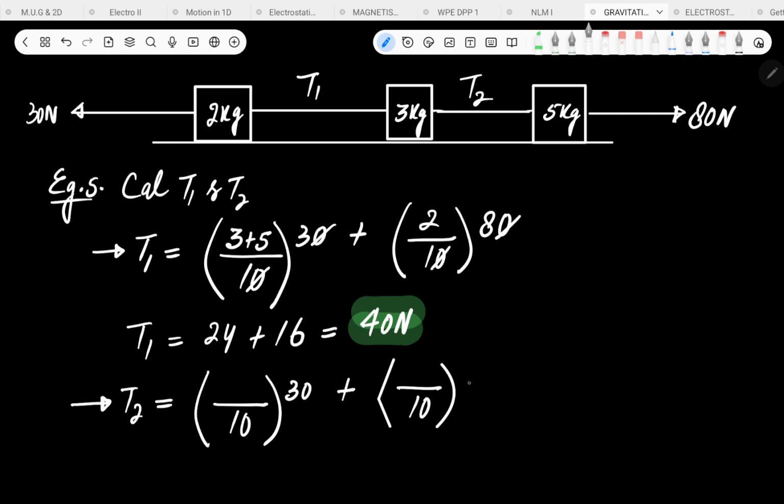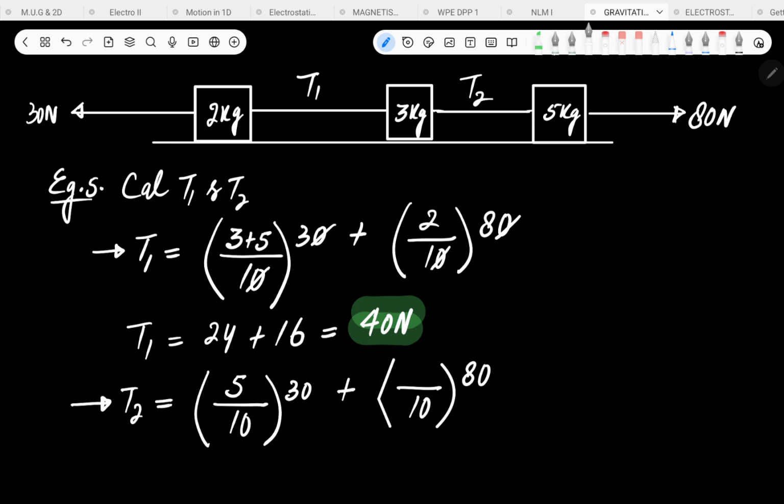What is the external force? That is 80. Okay. Now we have to calculate the tension in the second string, that is T2. This is 30 Newton external force. In this string, we have to calculate tension. So the mass away will be this 5 kg. Isn't it? So let me write down here. It is 5 kg.